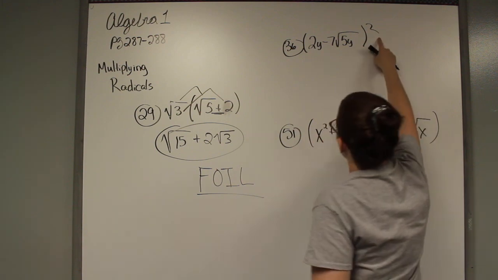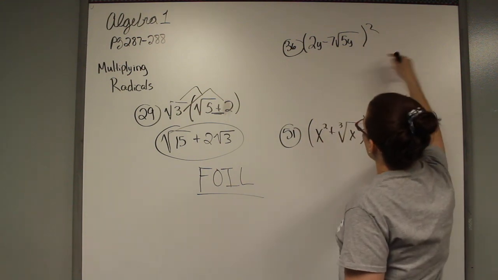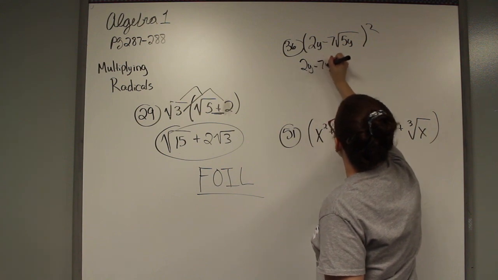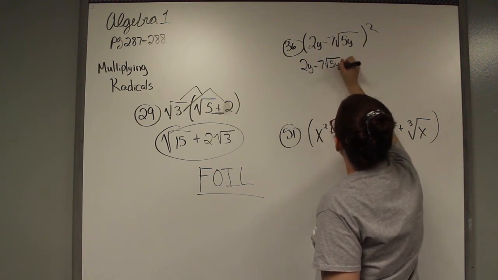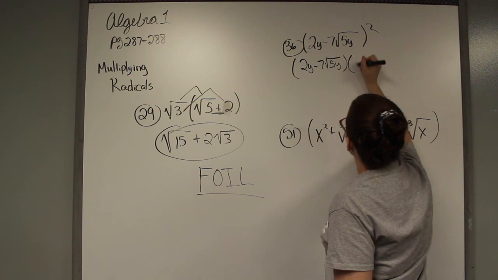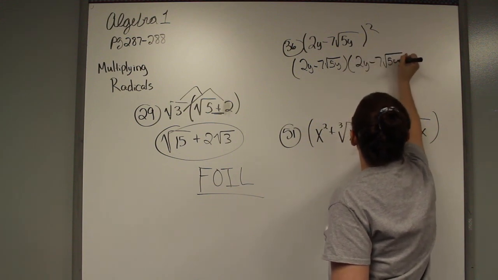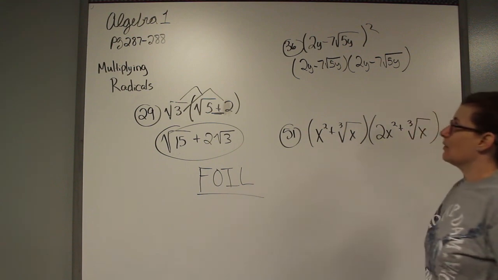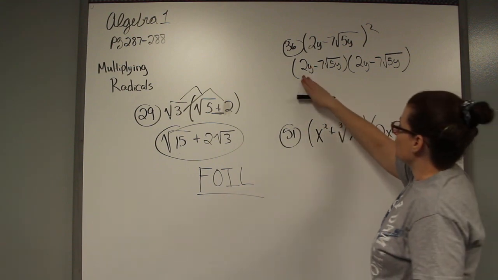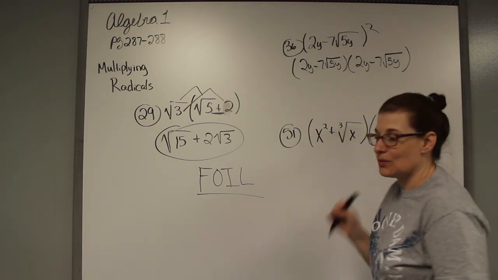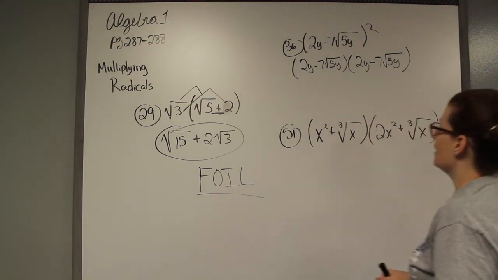So this squared just means this times itself, so I need to write that twice. Like that, okay? Now that's a binomial, one term, two terms. This only works for binomials squared.